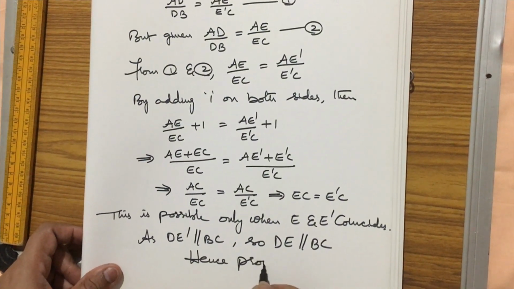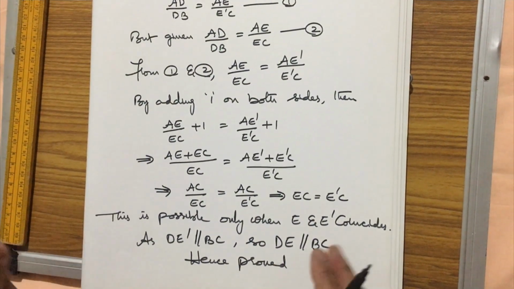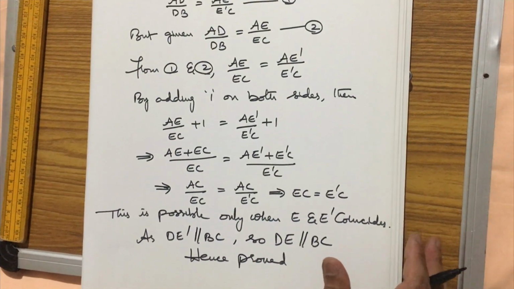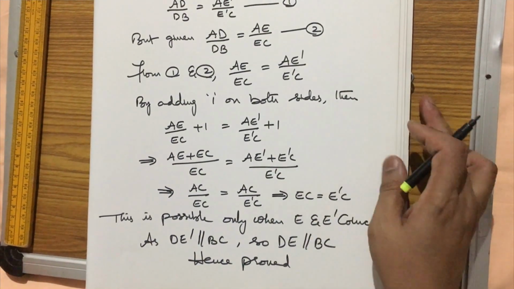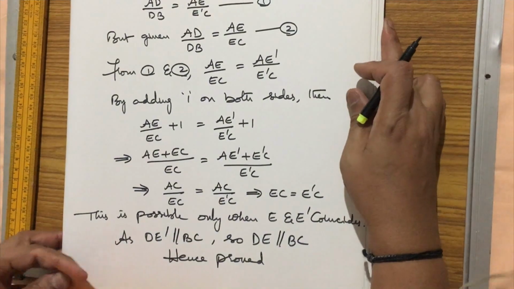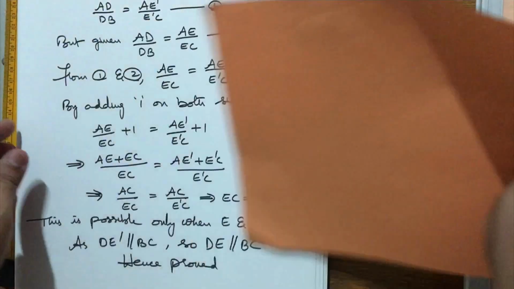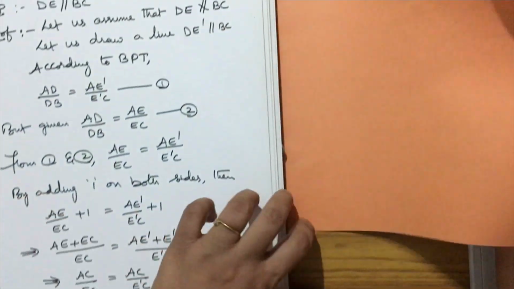So from this, what can we write as the statement? Proof. In a triangle, let me write the statement.